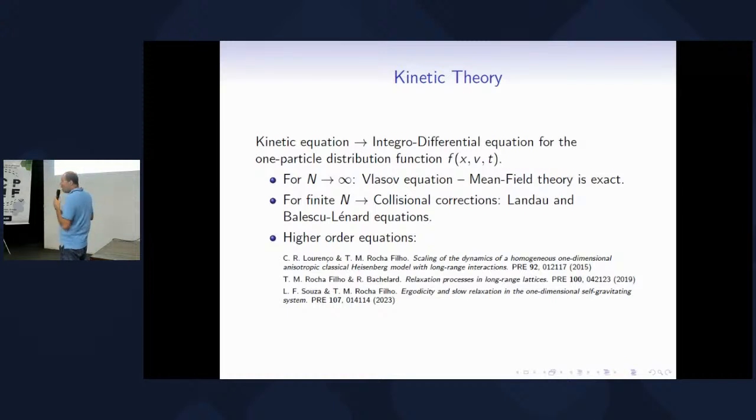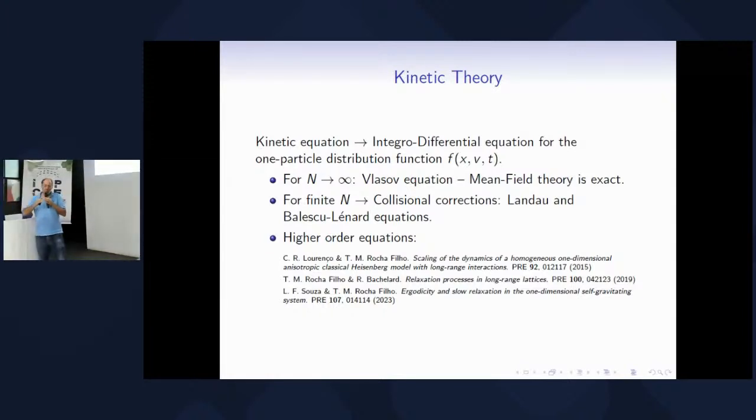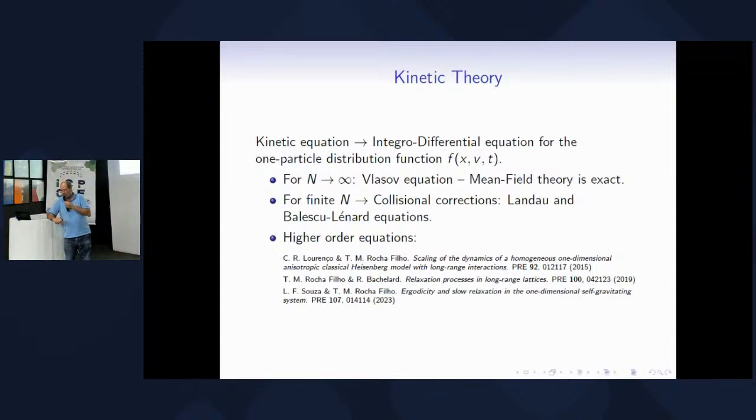Well, we can describe this evolution toward equilibrium. We'll not spend too much time using kinetic theory, using kinetic equations à la Boltzmann. But for short times, it can be shown for very large N, the system is well described by the Vlasov equation, which is a mean field equation. And the Vlasov equation describes this initial stage of the violent relaxation towards this quasi-stationary state.